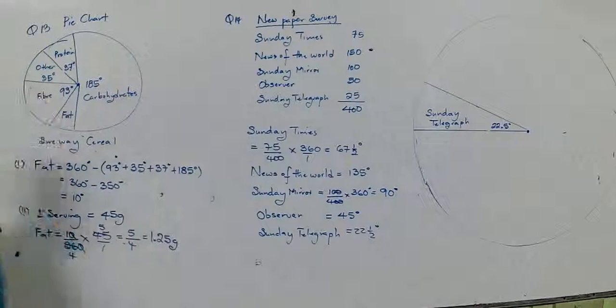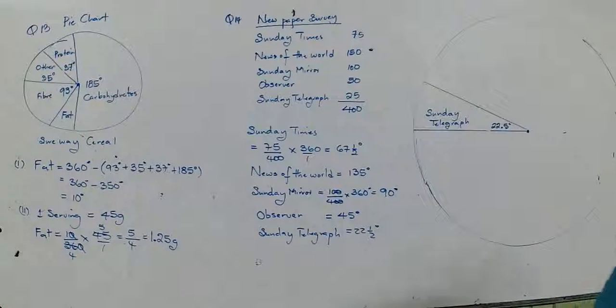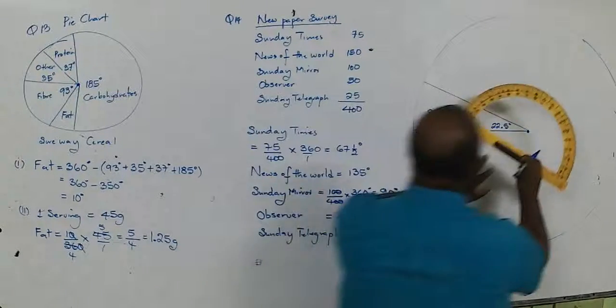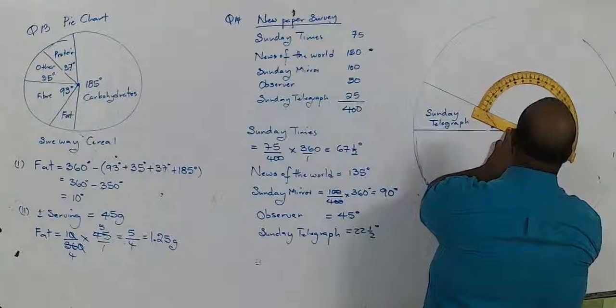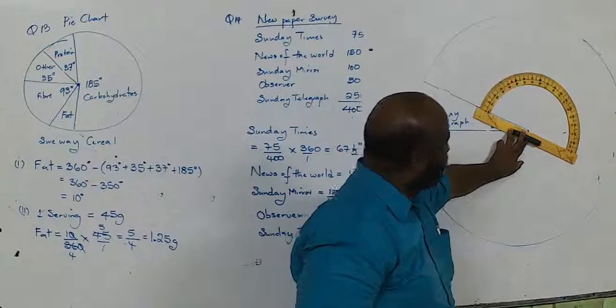Alright. Next one is what? Next one larger than 22.5. Observer, which is 45. Is the last line that you draw going to become your new zero line? Please look how I position it. Can you see? It's not my new zero.